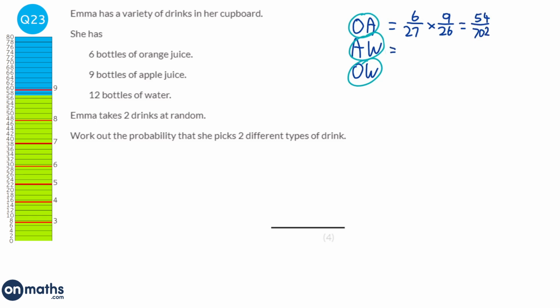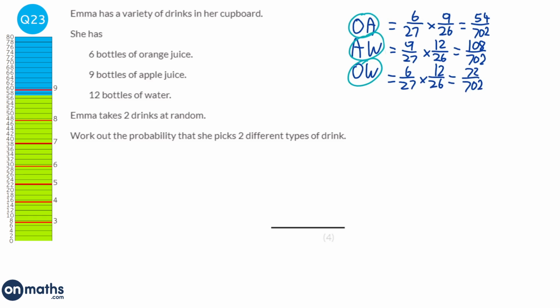Apple juice then water would be 9 over 27, and then 12 over 26, and so that would be 108 over 702. And then orange juice, then water will be 6 over 27 and 12 over 26, and that would be 72 over 702.